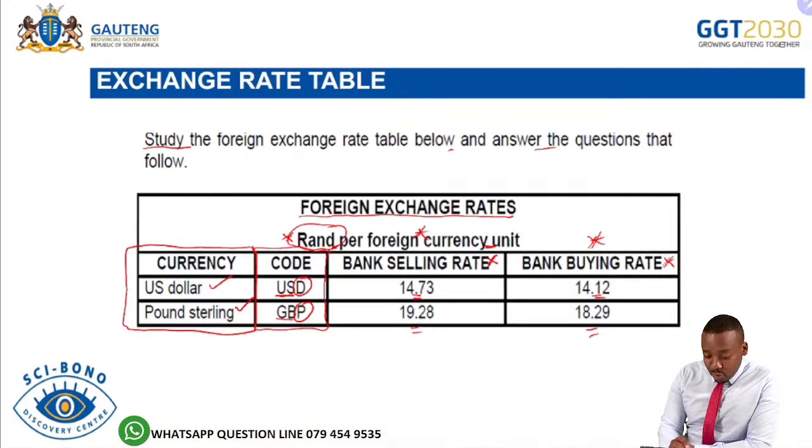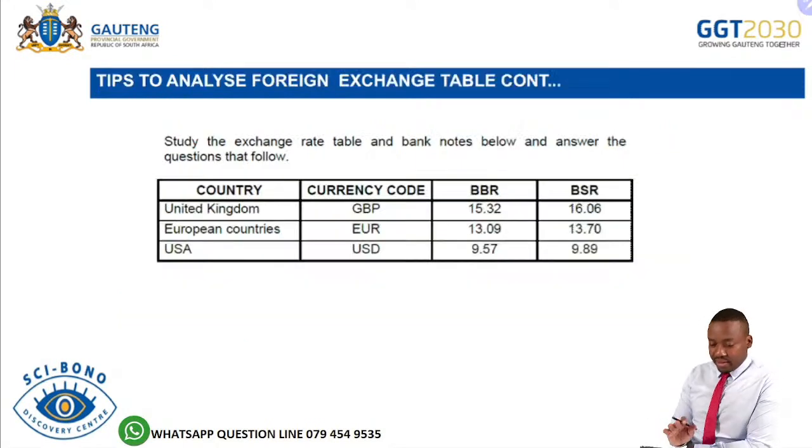So remember we spoke about BSR and BBR. So sometimes they will have next to it bank selling rate, or they might just write BSR, and then this side they might just write BBR.